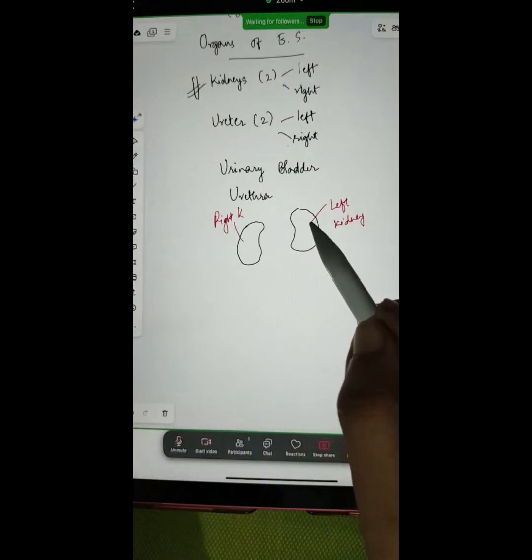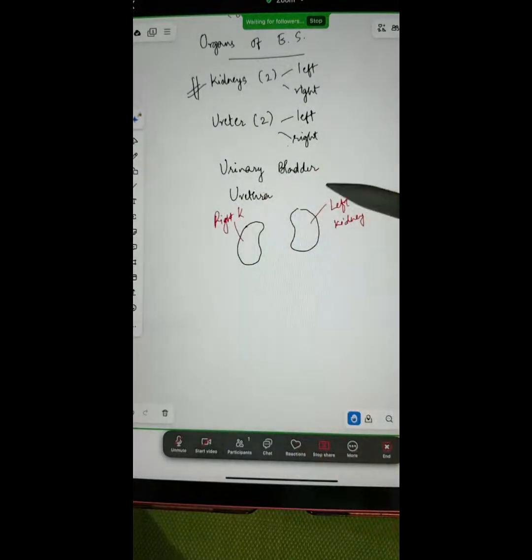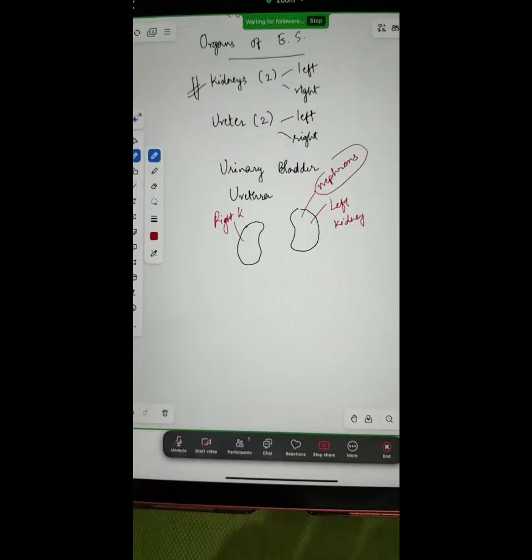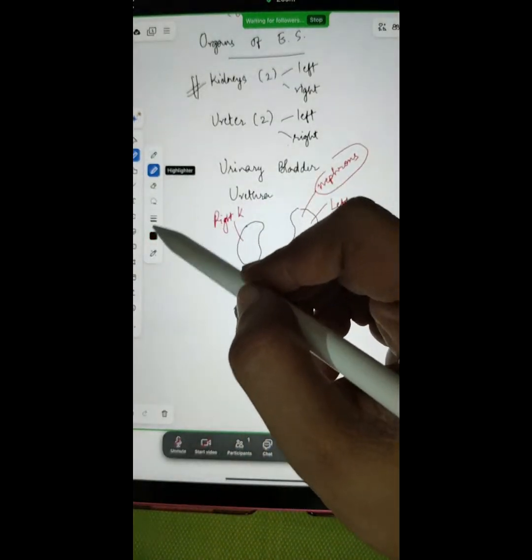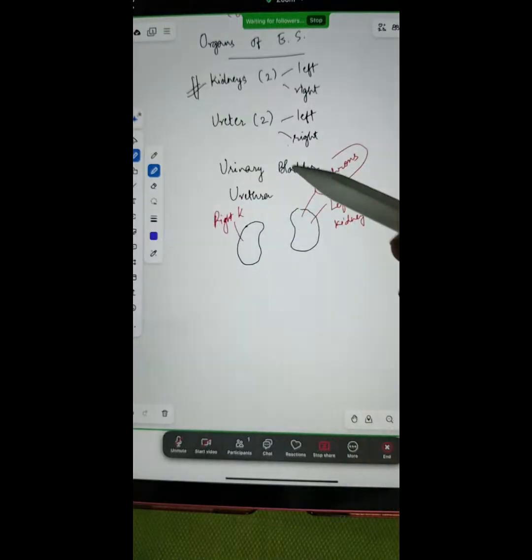Now, each kidney contains millions of nephrons. What are nephrons? These are the structural and functional unit of the excretory system. Means these are the cells that will be participating in the process of excretion.